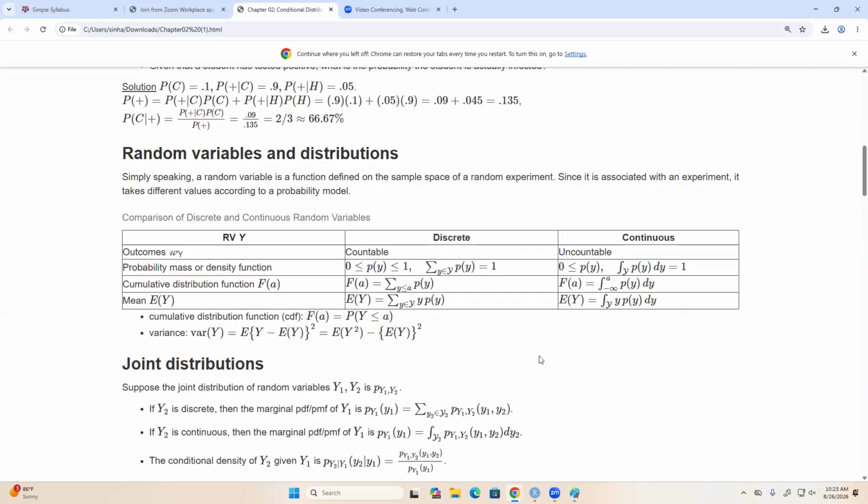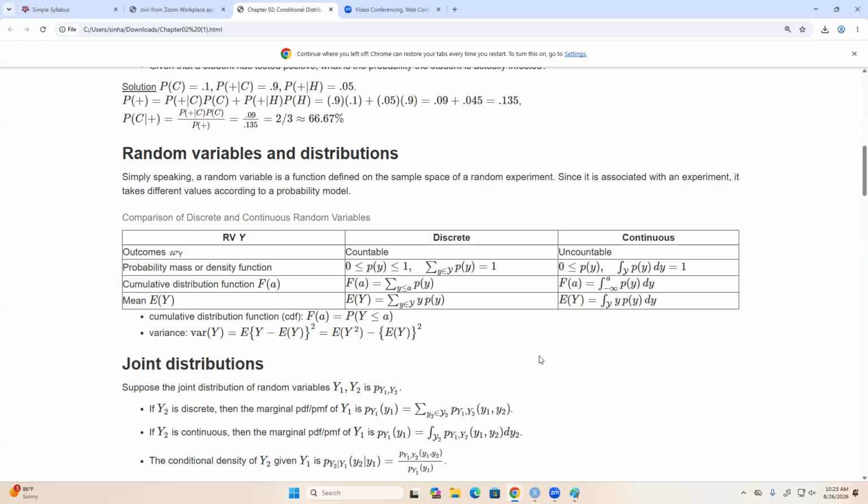If you know the probability mass function of a discrete random variable, you just multiply the probability mass function by the corresponding value of the random variable, then sum over all possible values. This is how you get the expectation. For a continuous random variable, you don't do the sum, you replace the sum by an integration, and then you calculate expectation. All different moments can be calculated in a similar fashion.